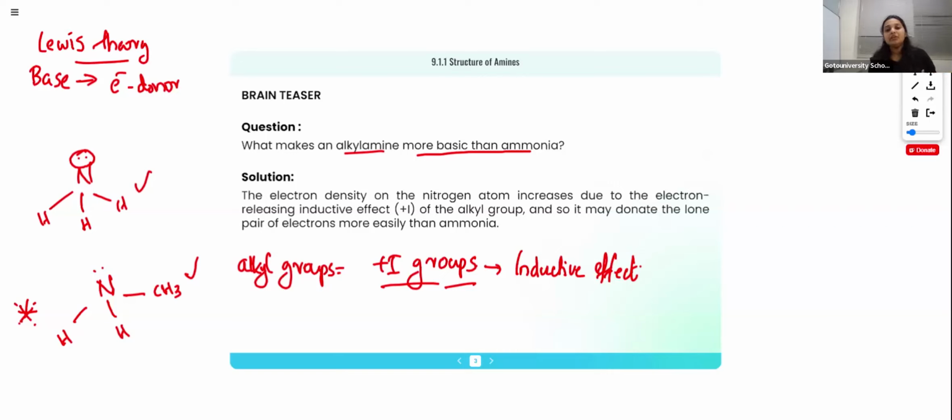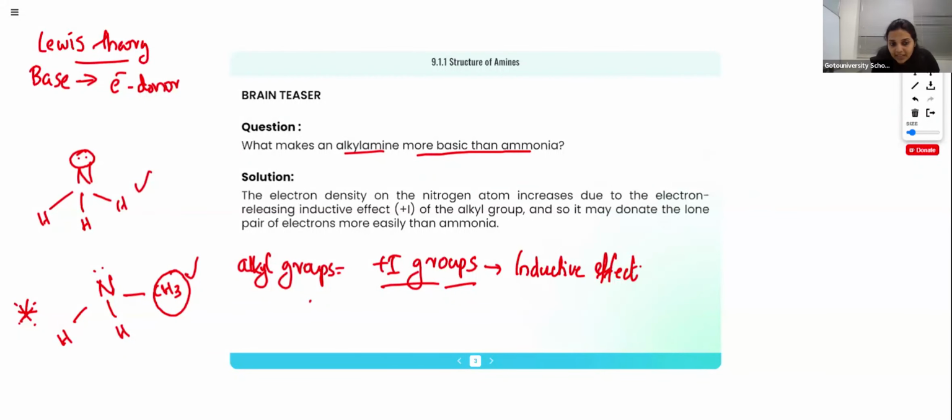Okay. Then, see here, what are the plus I groups? Alkyl groups are plus I groups, I told you. It means if an alkyl group is there, that alkyl group has a tendency to donate electrons. In case of hydrogen, that type of effect is not there. If an alkyl group is there instead of hydrogen in ammonia, that is called an amine, I told you.